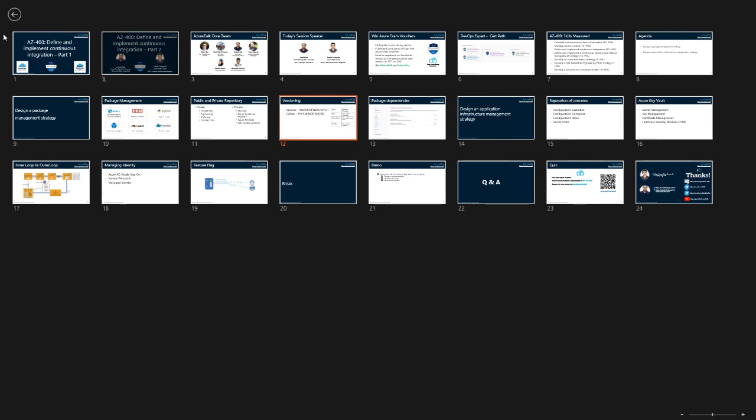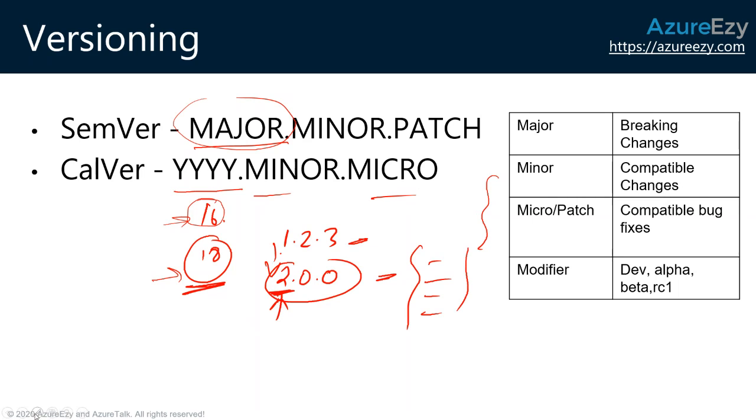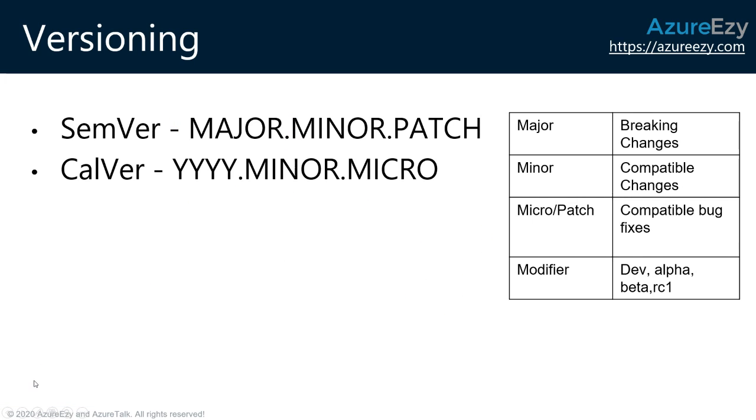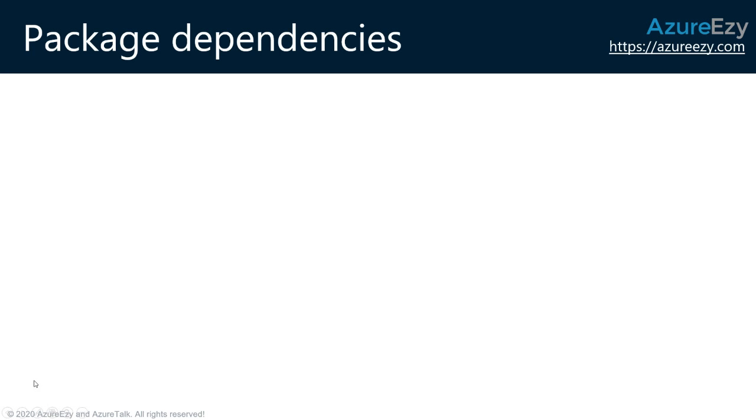Now let's clean this up and go to the next slide, where we are talking about package dependencies. When you are using packages, again coming to the same example, you have this app A1 and you have this app 2.